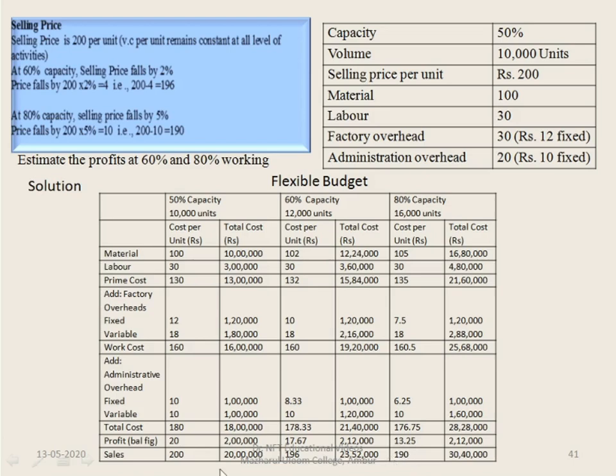So now you know the selling price: 200 rupees per unit, 196 per unit and 190 per unit. Multiply it with the respective unit capacities, and you get the sales. If you deduct total cost from the sales, you get the profit, which is the balancing figure.